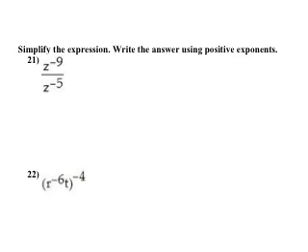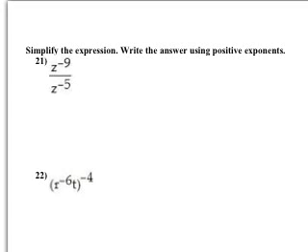So the best thing to do with these negative powers is to flip things at first, okay? So this z to the negative 9th would become 1 over z to the 9th, right?